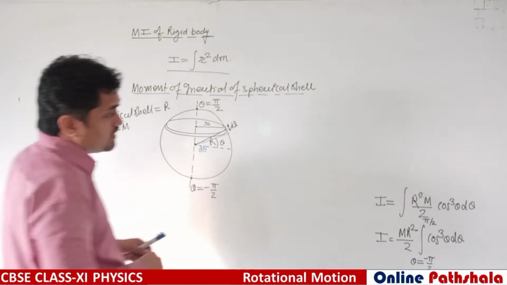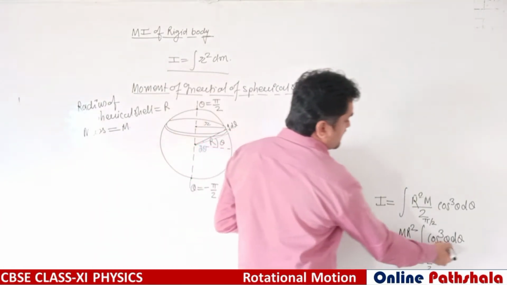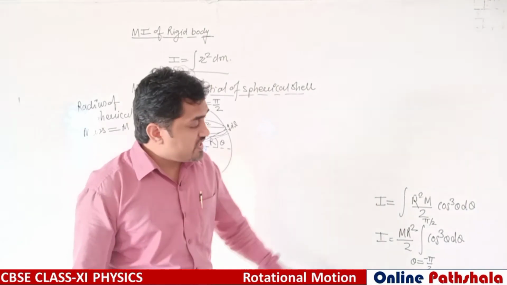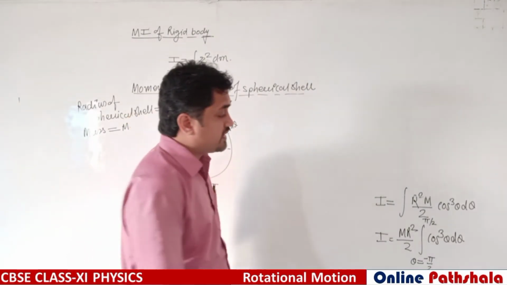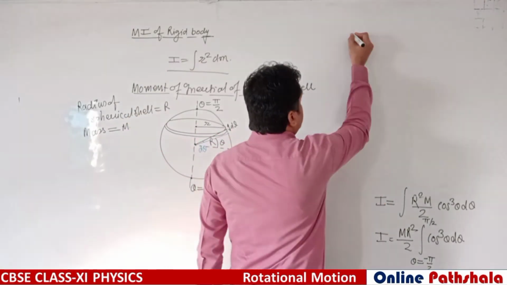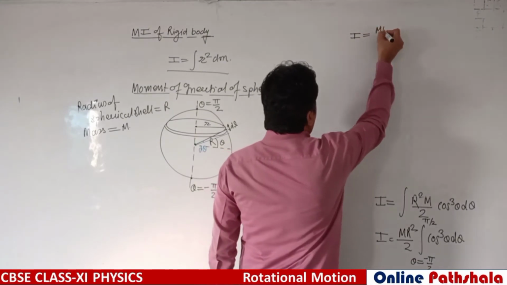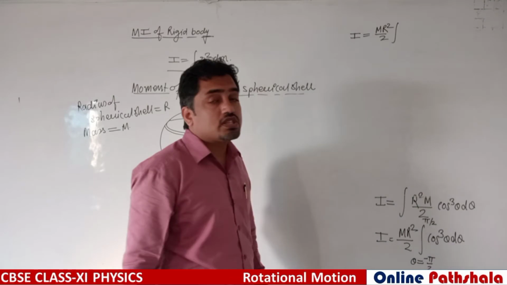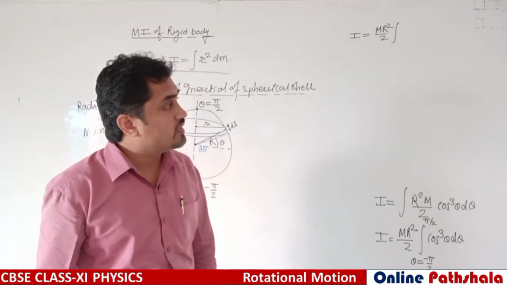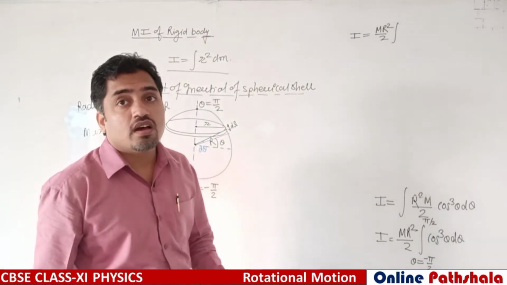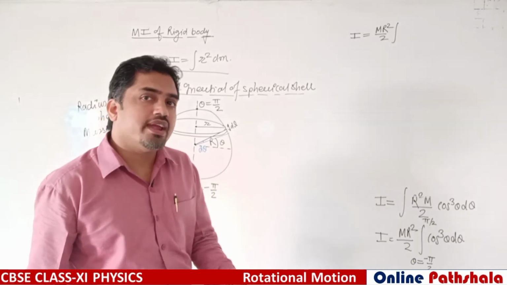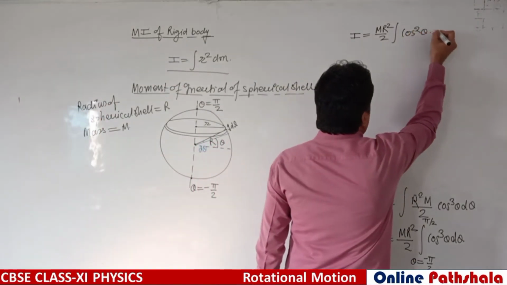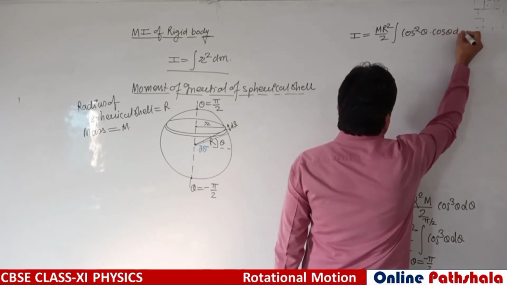Now, how can we use trigonometric substitution to do integration of cos cube theta? I is equal to mr square by 2 integration. This cos cube theta can be written as cos square theta into cos theta d theta.